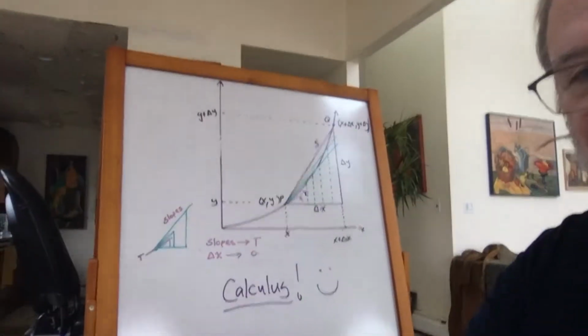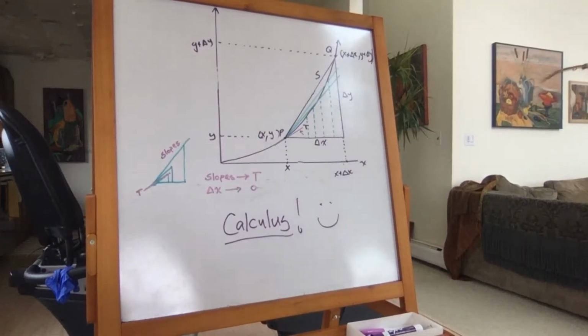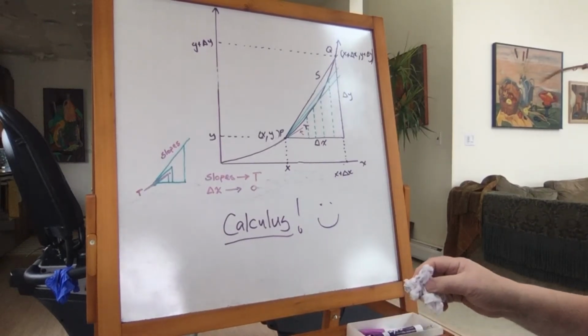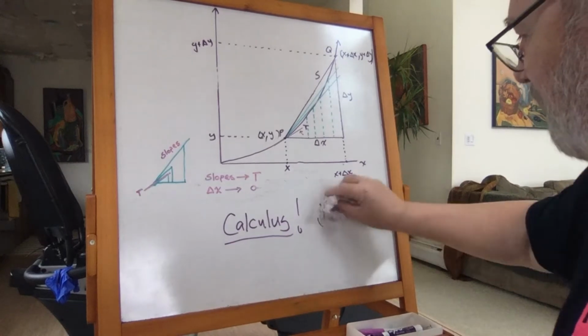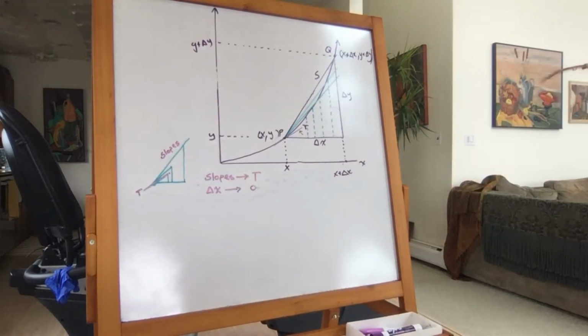But anyway, why don't we get to it and basically show you how to come up with a derivative. Now, don't pay too much attention to the complexity of this visual here.